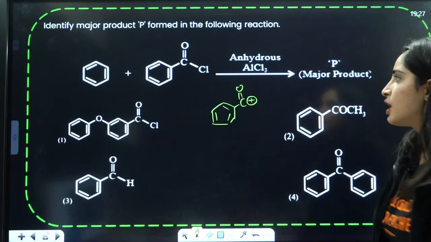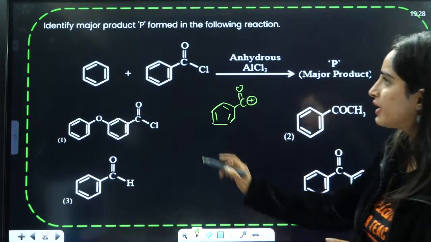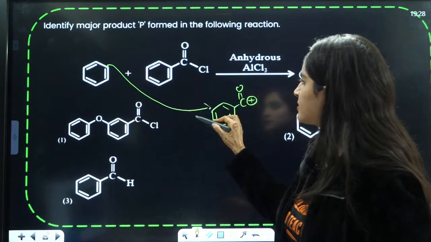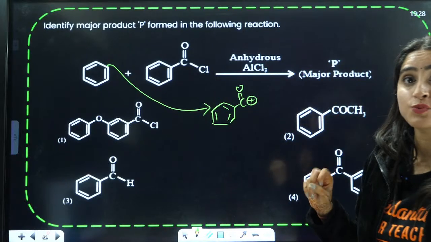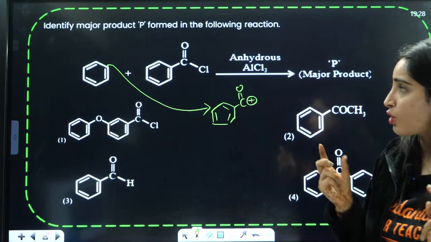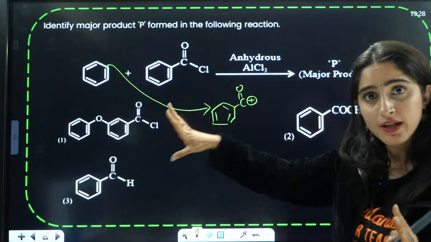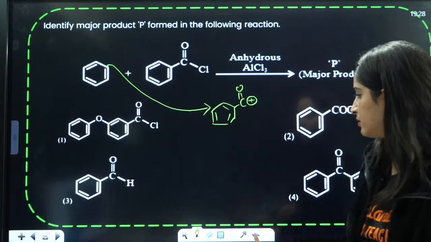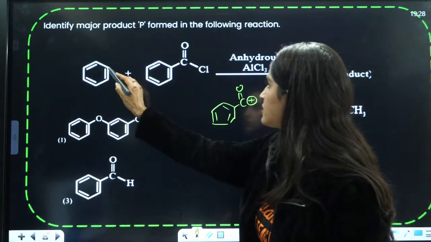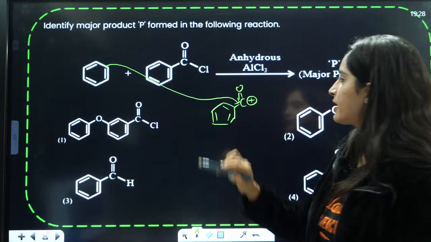So this electrophile will be generated. It will attack this benzene. When showing attacks, it should always be from more electron density to less electron density, so it is going to attack here.